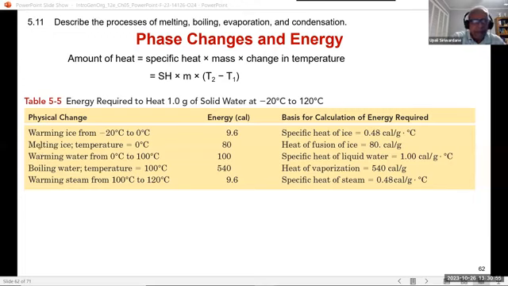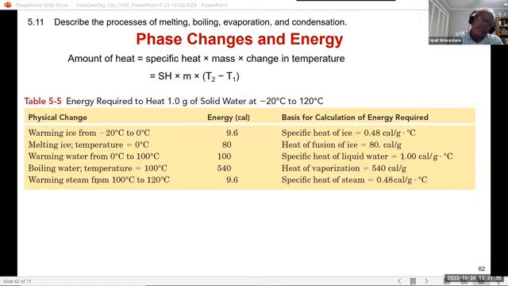Melting ice is a phase change. Solid becomes a liquid. Then third here, warming water is not a phase change. That's the specific heat of water, which is given as 1. So 1 times the temperature change of 100. That's 100 calories. Now boiling water is a phase change. Boiling water is liquid to gas. Therefore 540 is the same as the heat of vaporization.